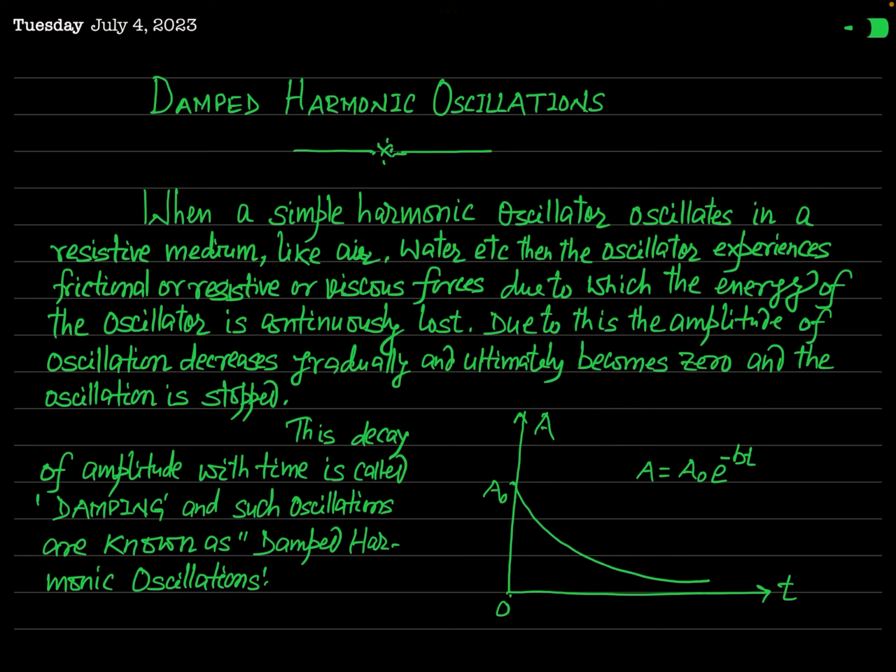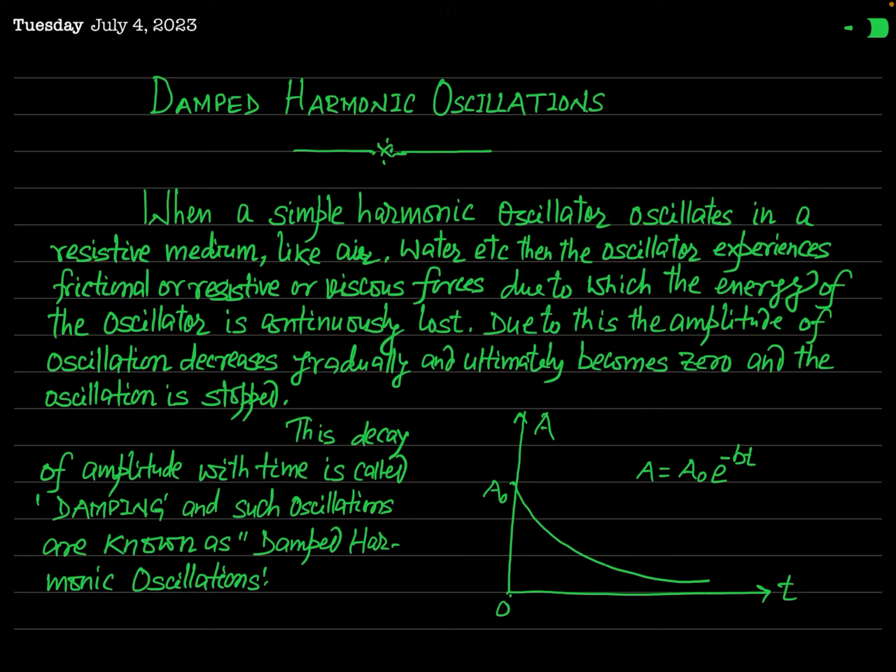But in actual practice, the examples of free oscillations are rare, because whenever we perform an experiment in practice, definitely the oscillator oscillates in some medium, and the medium offers some resistive force on the oscillator.